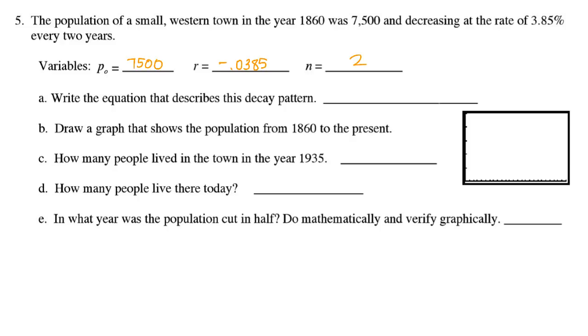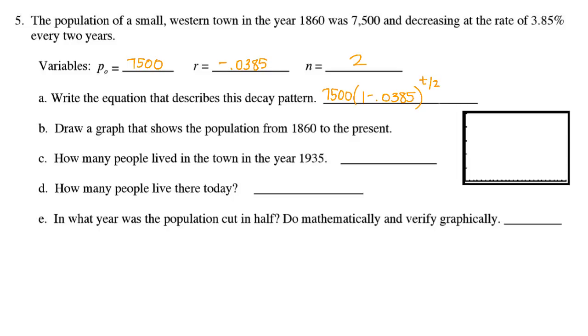So when we write our information inside of the parentheses, we're going to see that we have a minus inside here because our rate is not increasing, it is decreasing. So our original population, 7,500 times 1 minus 0.0385, and that's raised to the time divided by 2.